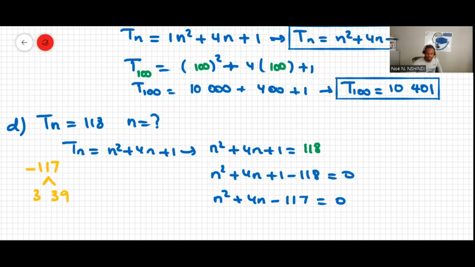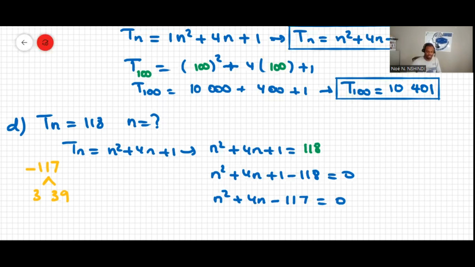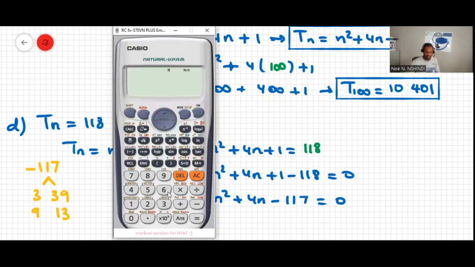And by 9 it is equal to 13. Let's just check the calculator. 117 divided by 3 is 39, and 117 divided by 9 is 13.